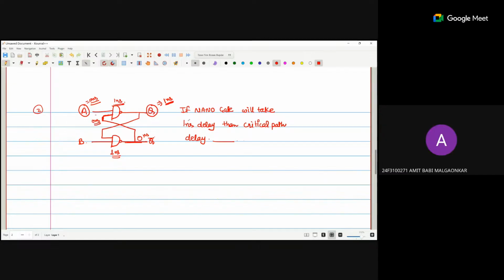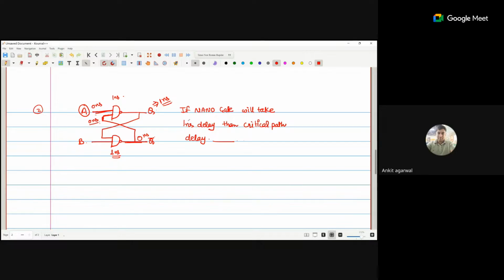No, sir. Okay. Like for example, this NAND gate takes 1 nanosecond delay. If both inputs are applied at 0 nanosecond, we get the output after 1 nanosecond.